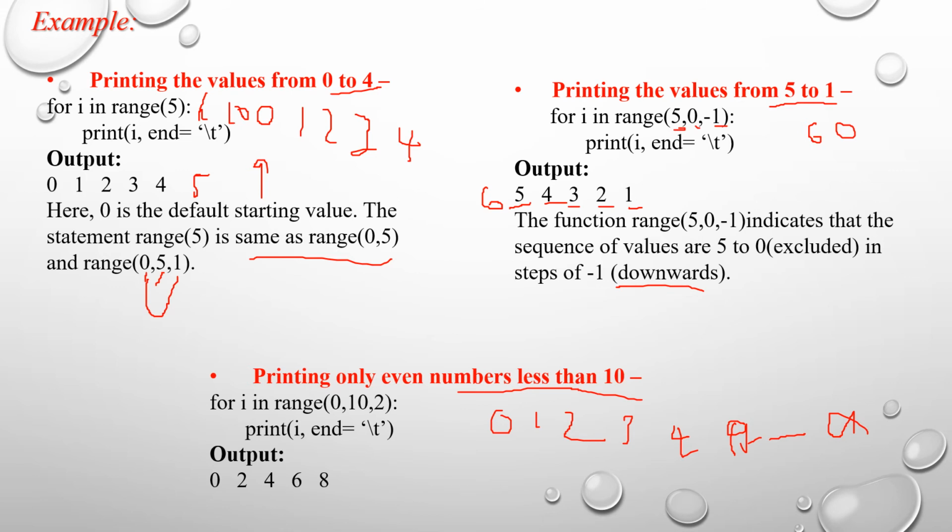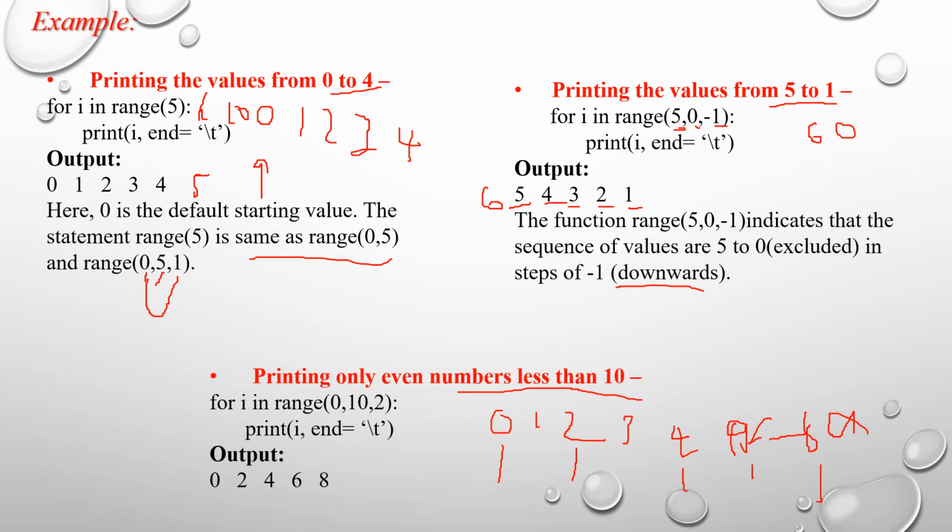So here the even numbers are, this is the first even number and this is the second even number, 4 is the next even number, 6 is the next one and 8 is the next even number. Just observe this sequence, here the step size is 2. So this is the 0 and this is the second one and this is the fourth value.